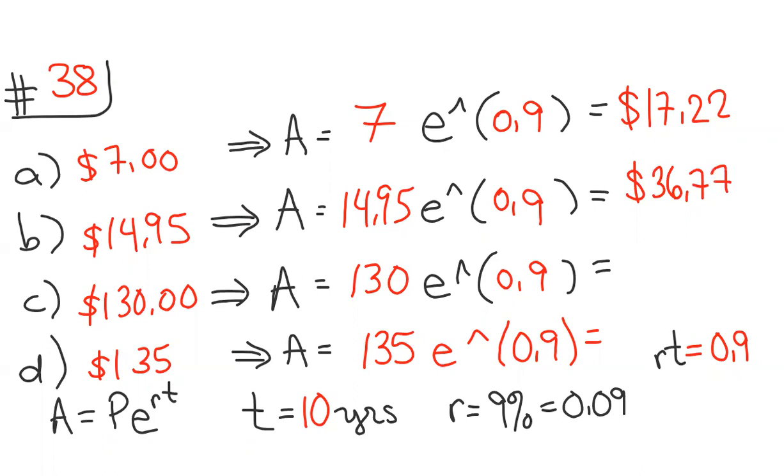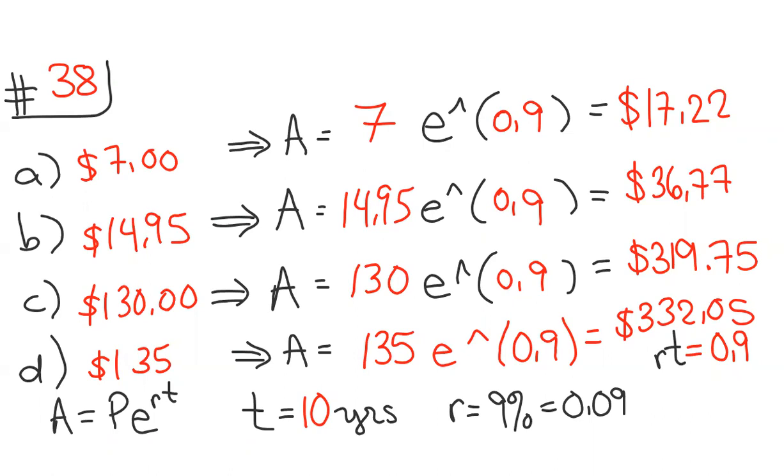We have 130 times e to the 0.9 for a $319.75 textbook, which means our electric bill is going to be even higher. 135 times e to the 0.9 gives us an electric bill of $332.50, right? So we are compounding continuously on those number 37 and 38.